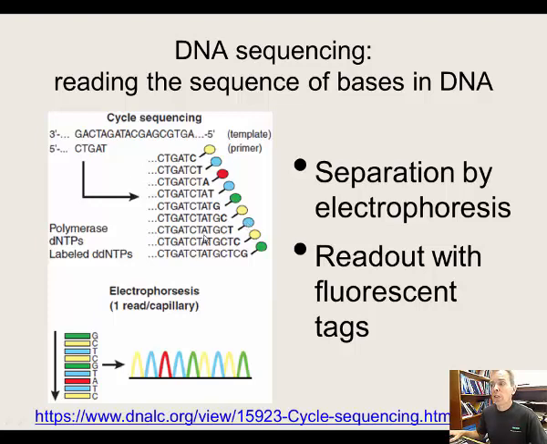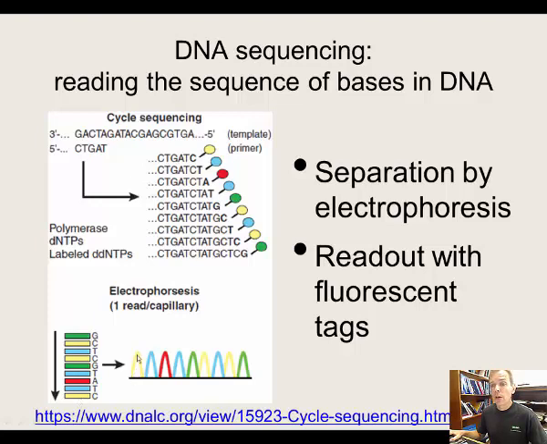They separate based on size, and you can then read these with fluorescent tags. Here is an example of sequence. So you have yellow C at the top, the short fragment, all the way to the large fragment, which has got this G in the final position. This is flipped around on the bottom here because we're reading from short fragments to large fragments, bottom to top.